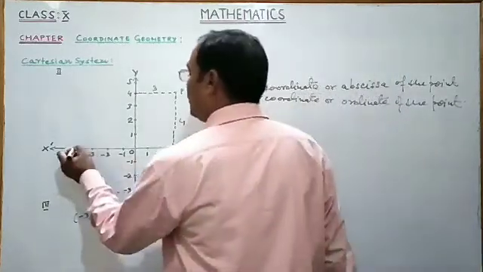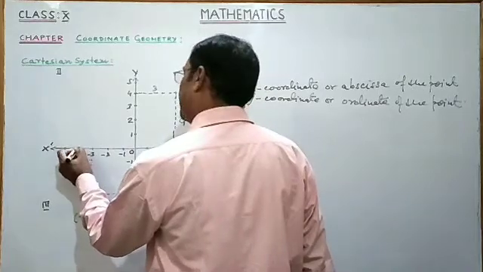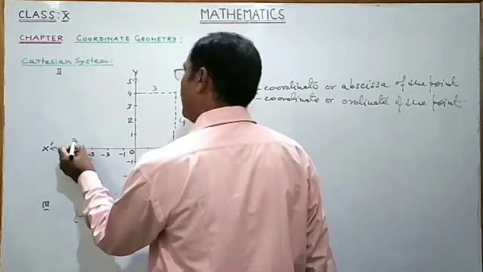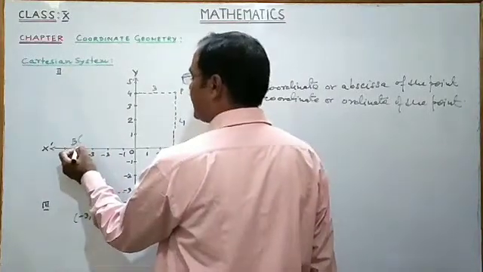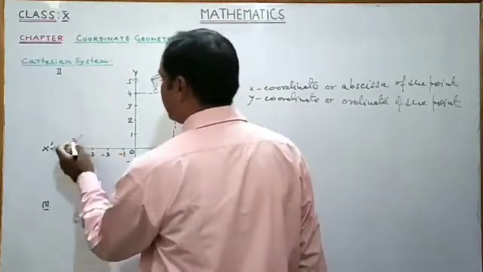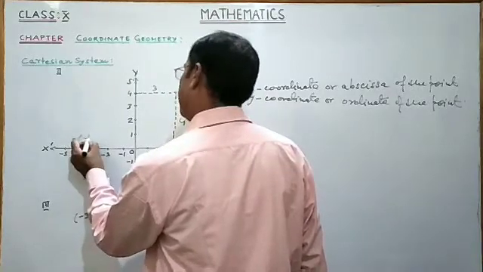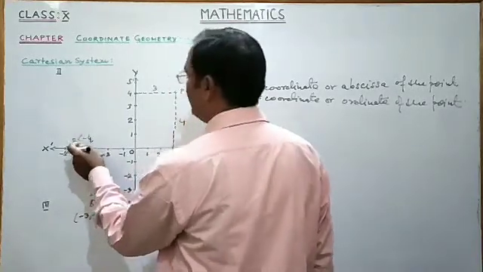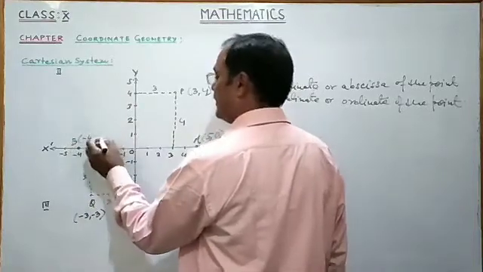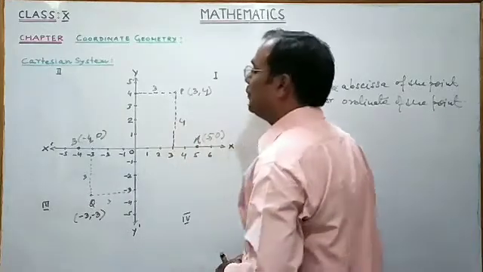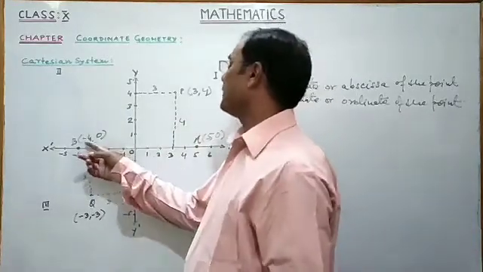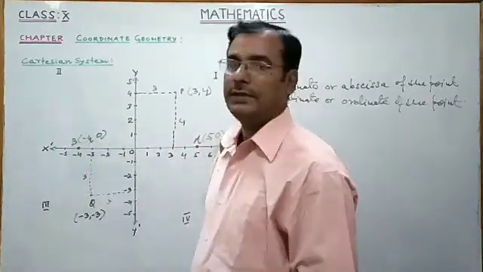Similarly, what are the coordinates of this point B on the x-axis on the negative side? The distance of this point on the negative side is 4 units, so it is -4, and there is no distance of the point on the y-axis, so the distance on the y-axis is 0. Therefore, the coordinates of this point B are -4 and 0.